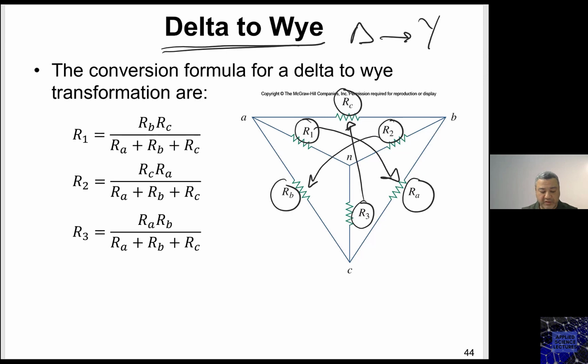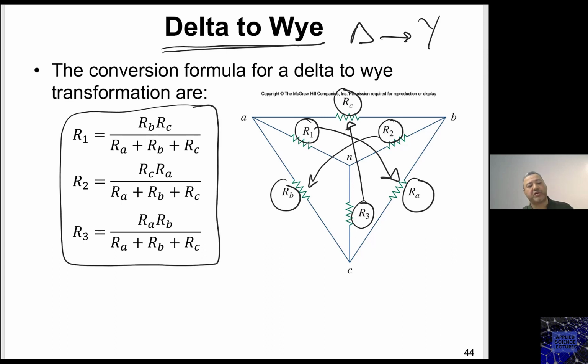Okay? Why do we do this? In general, you can pick them the way you want if you understand the procedure. But in order to follow the same order of those three equations, you have to pick R1, R2, and R3 this way.